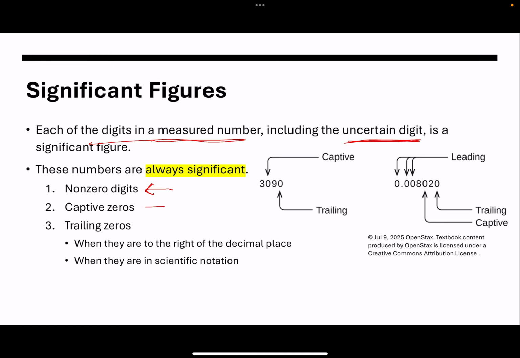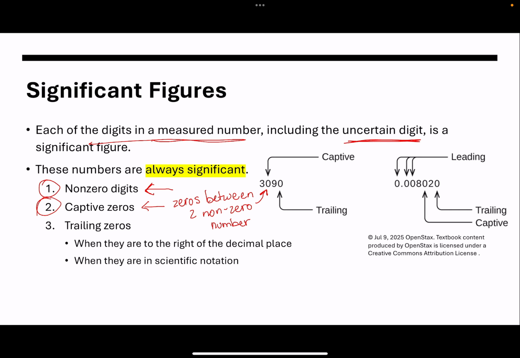Captive zeros, which we say are zeros between two non-zero numbers, such as this one right here, those are always significant. Always, always.